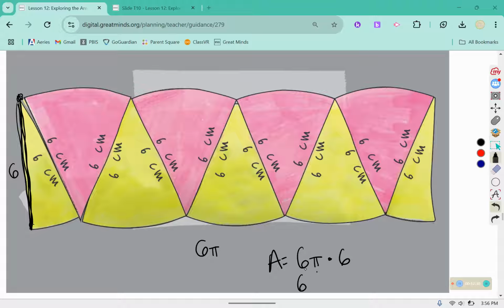Another way you could rewrite that is 6 times 6, which is 6 squared pi. And 6 wasn't the diameter, it was the radius. So we can use this formula for finding the area of a circle.